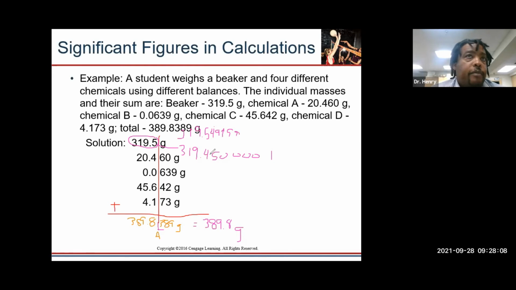So it could be anywhere between there, right? We don't know because the person's scale only gave them 3.5. Does that make sense? So because this is so uncertain, it can be anywhere of these.